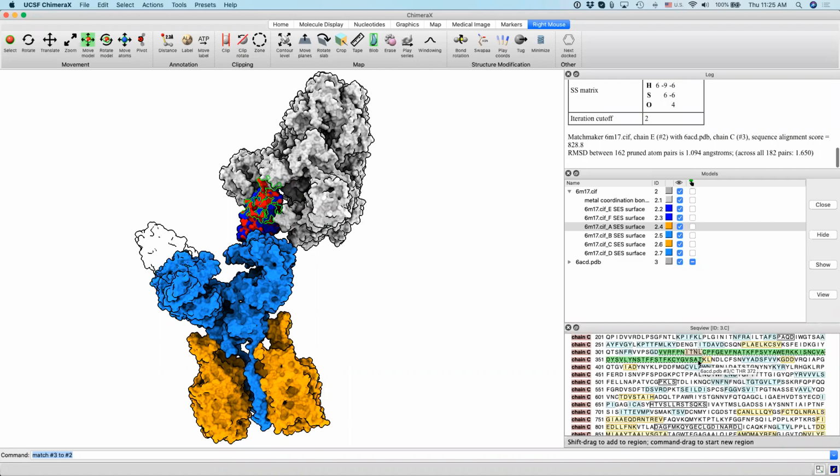Yeah, so 2, 527, which is 416. Okay, so it's right there. So this is the sequence of the receptor binding domain.